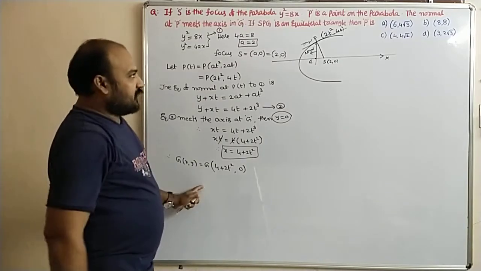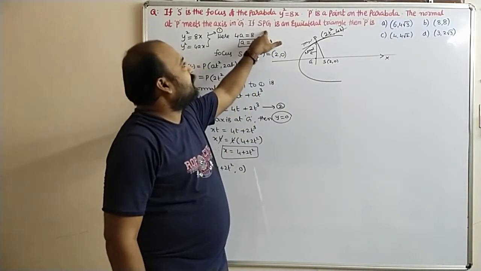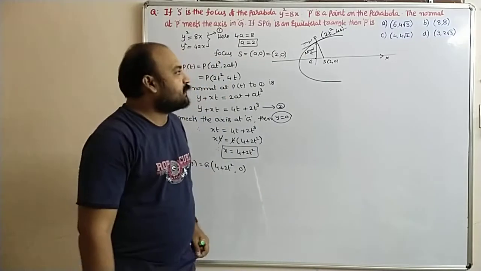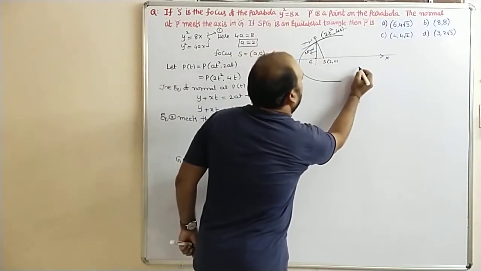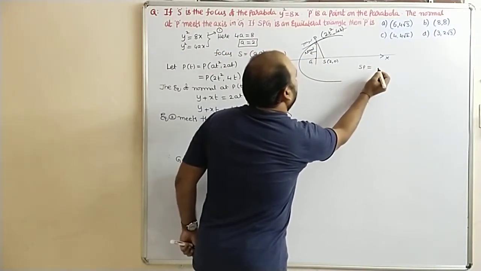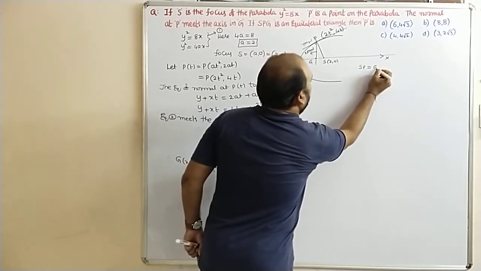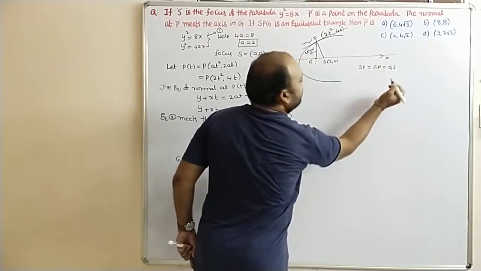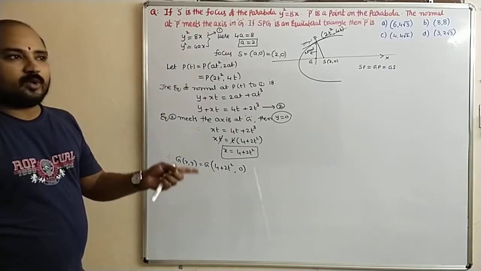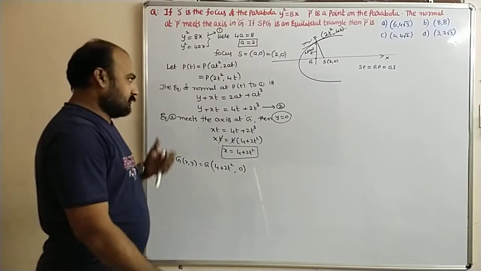After getting the value of G, here one more condition is there. SPG is an equilateral triangle. SPG is an equilateral triangle means all sides are equal here. SP equal to GP is equal to GS.